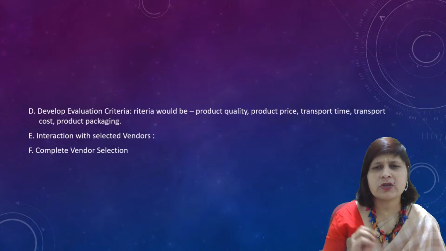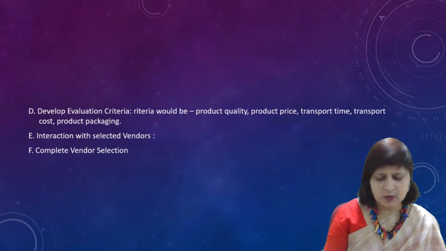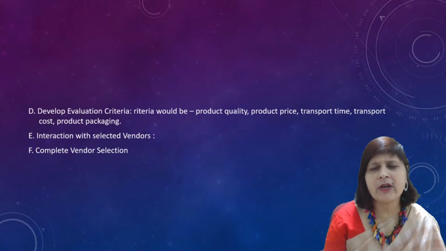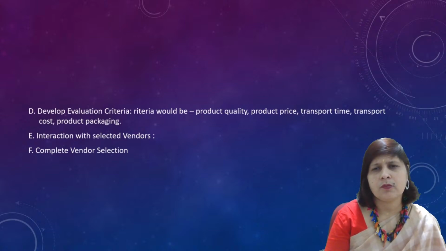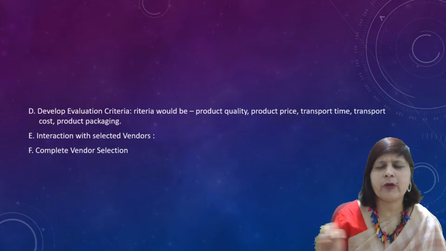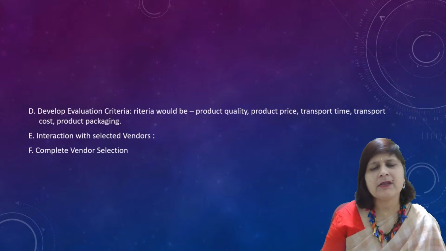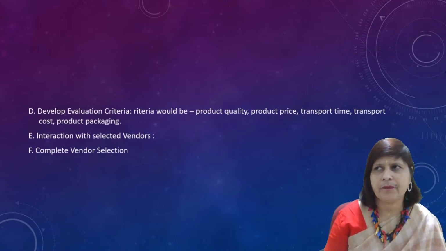How much transportation time will it take? Suppose if I ordered a product today, then how much time will it take to provide me that product? Then transportation cost. What will be the transportation cost of moving the product from one place to another? And product packaging. Packaging even plays an important role. Product packaging is even important.